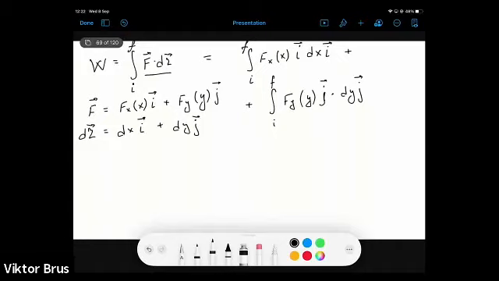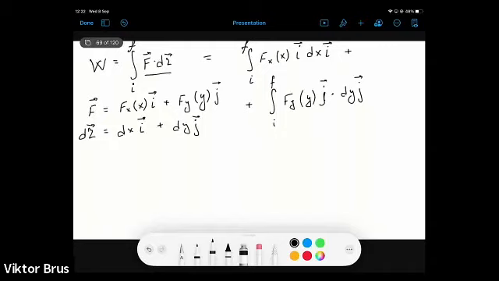So this example was for two-dimensional motion, and that's why we have x and y. If we would have three-dimensional, it's just a bit more to write. Conceptually it's the same, but in order to save time, we just show one-dimensional and two-dimensional cases.